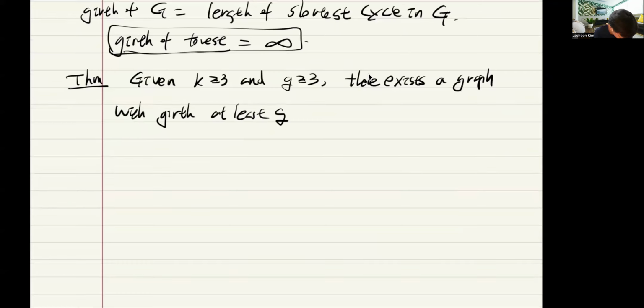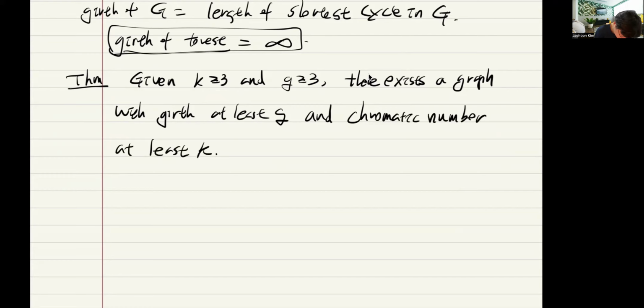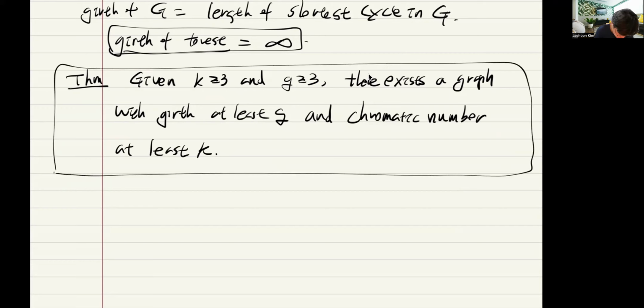So we can find a graph with girth at least G and chromatic number at least K. Again, this shows that the chromatic number is not really a local parameter.